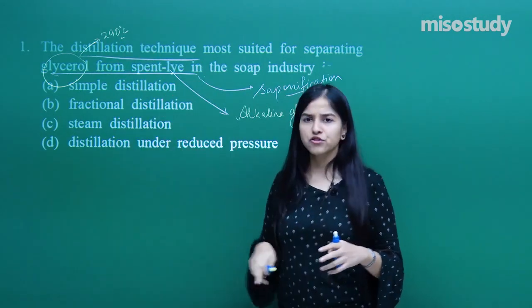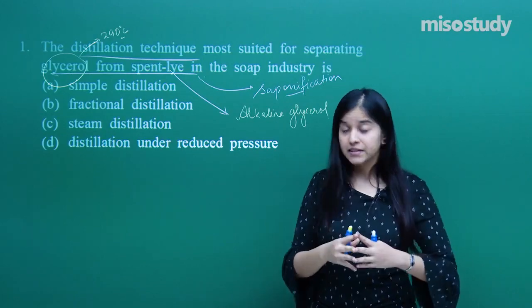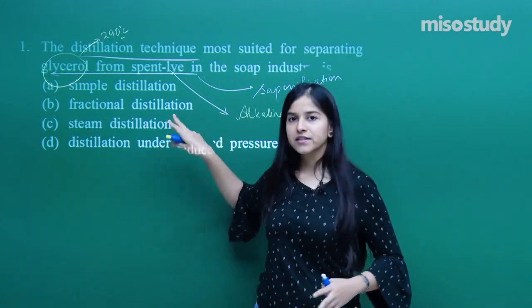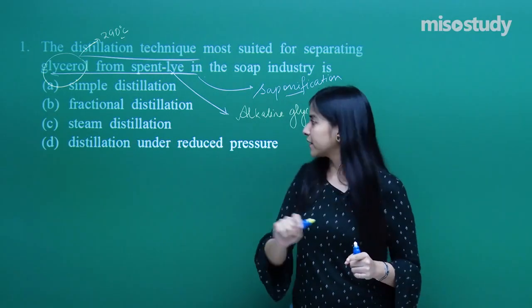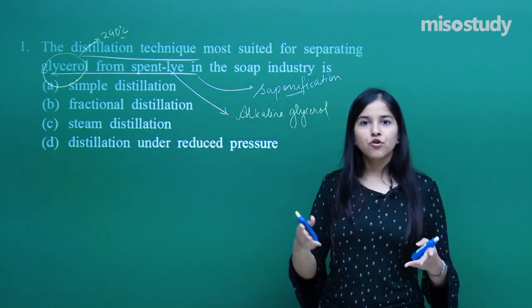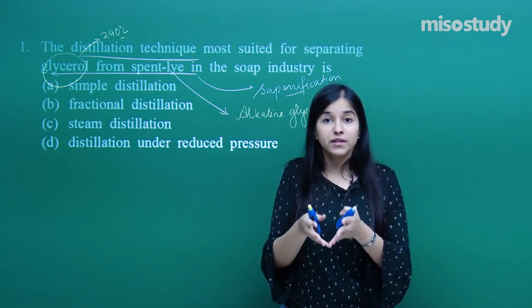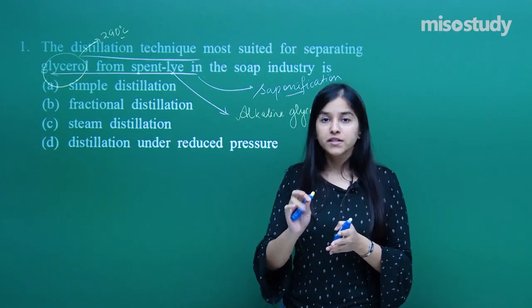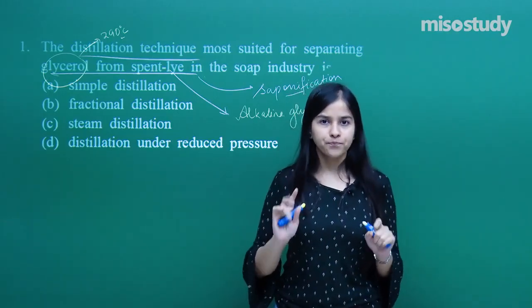So simple distillation will be unable to achieve this much temperature easily. If I go by fractional distillation, again it would be a very improper method. If I go for steam distillation, the substance must be immiscible with the water, and that is not possible over here because glycerol is soluble in water, right?